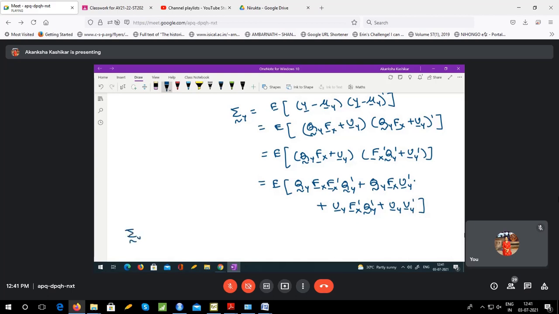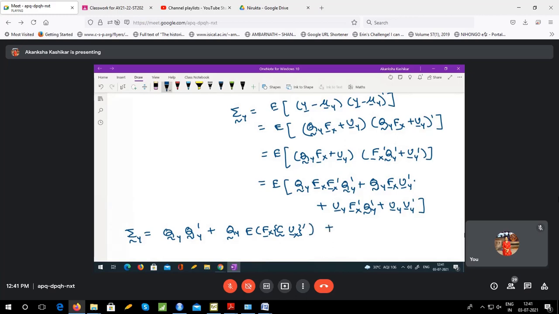So sigma y would be Qy times the expectation of fx fx prime, which we know is the identity matrix, so it would be simply Qy Qy prime, plus Qy times the expectation of fx uy prime. Let me substitute: uy prime is (C ux) whole prime.